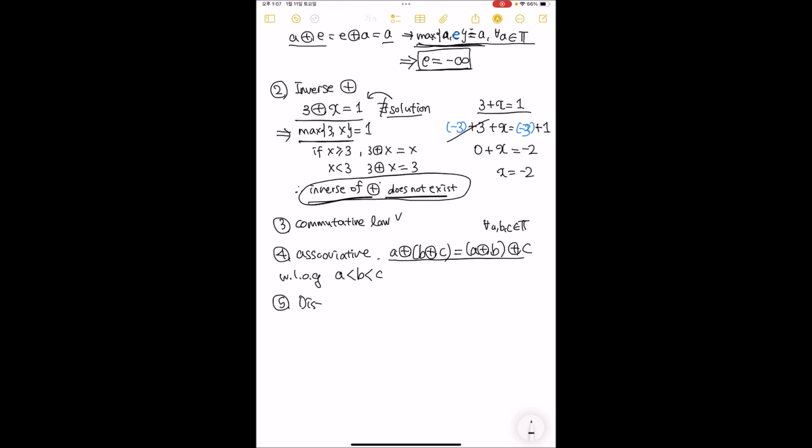Finally, the distribution law is also satisfied, which means that tropical multiplication and tropical sum distribute here.